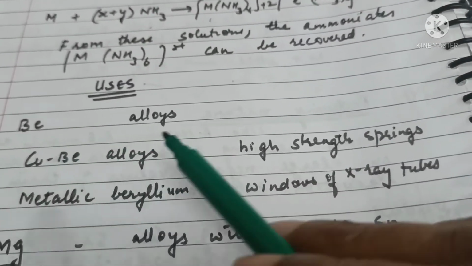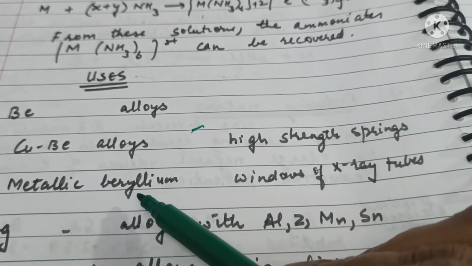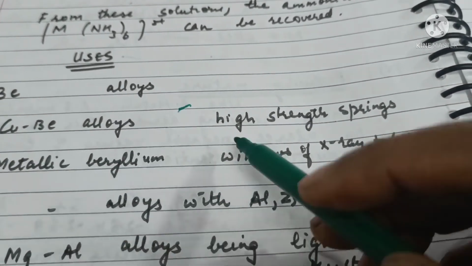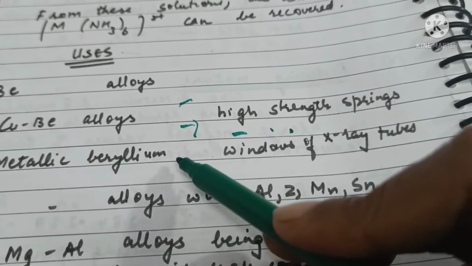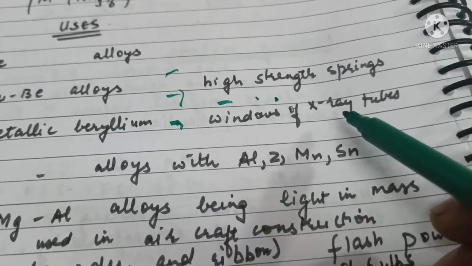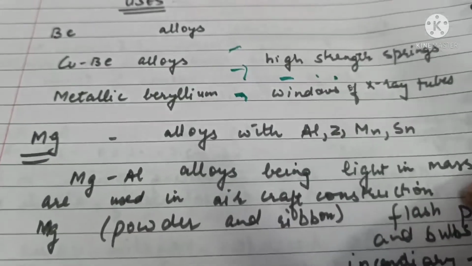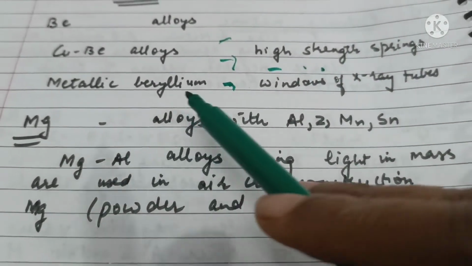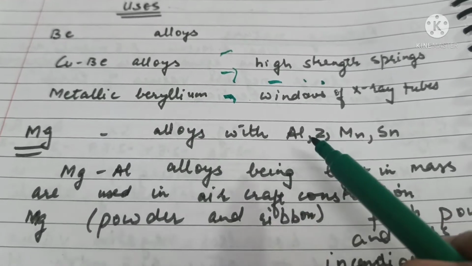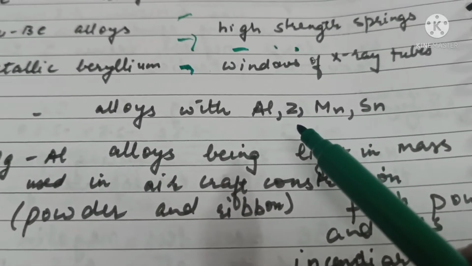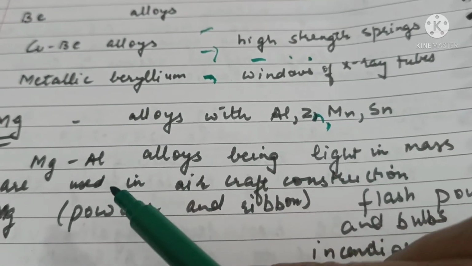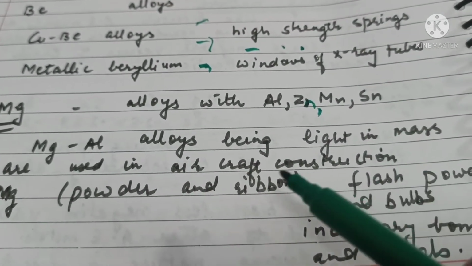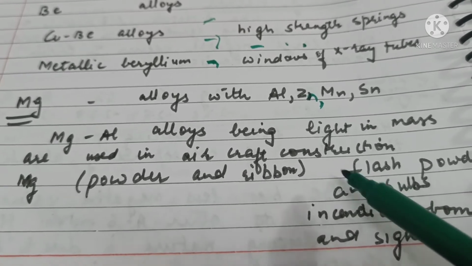Uses: beryllium is used in alloys. For example, copper beryllium alloy is used in manufacture of high-strength springs. Metallic beryllium is used for making windows of X-ray tubes. Uses of magnesium: magnesium is used to make alloys with aluminium, zinc, manganese, and tin. Magnesium aluminium alloys, being light in mass, are used in aircraft construction.